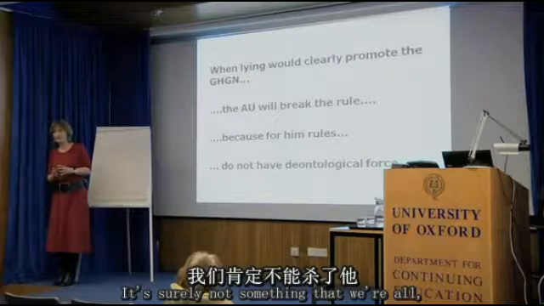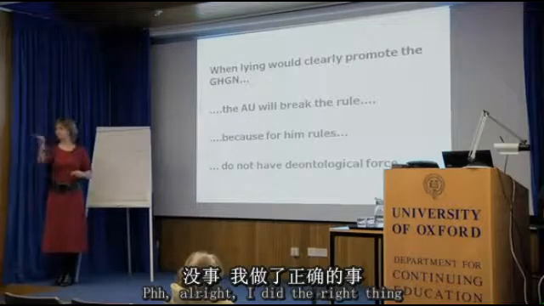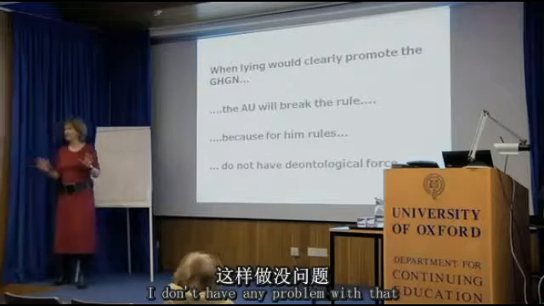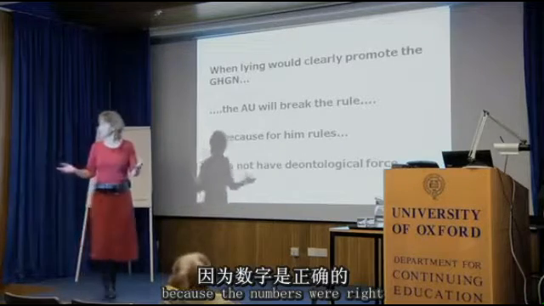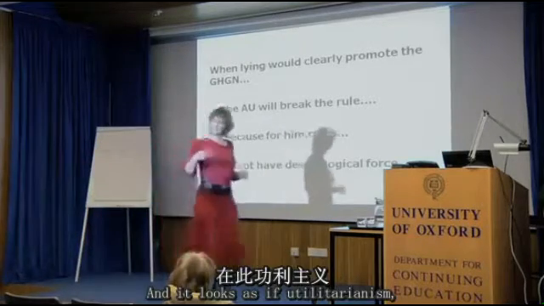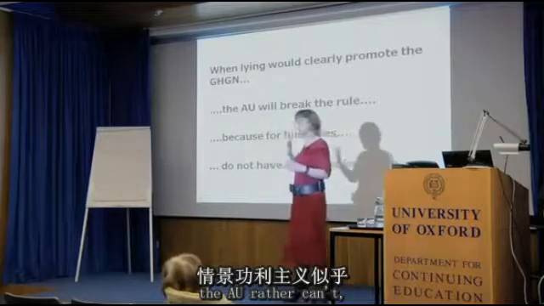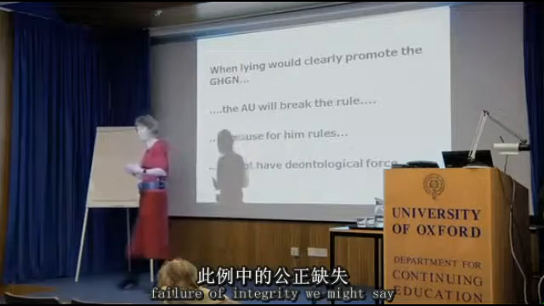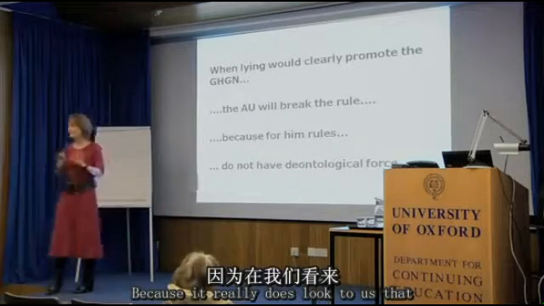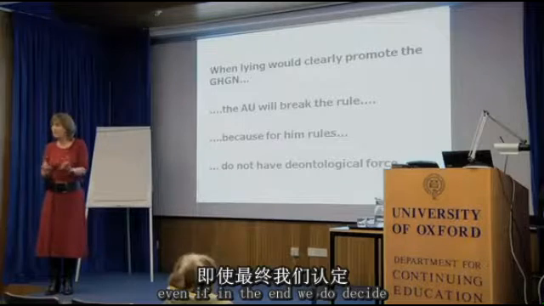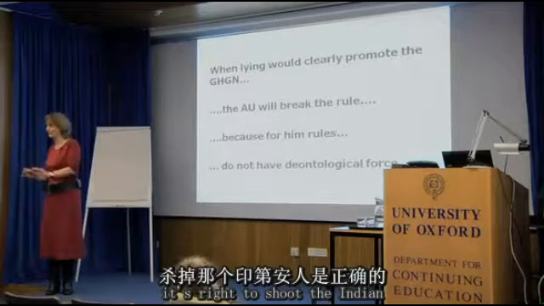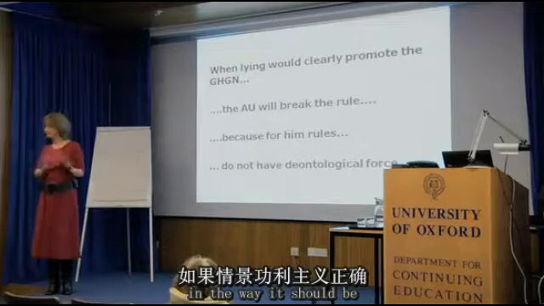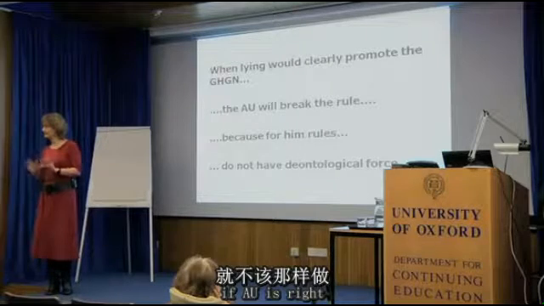It's surely not something where we say, I did the right thing, I don't have any guilt, because the numbers were right. And it looks as if the act utilitarian can't explain that failure of integrity, because even if in the end we decide it's right to shoot the Indian, it still doesn't seem obviously right, in the way it should if act utilitarianism is right.